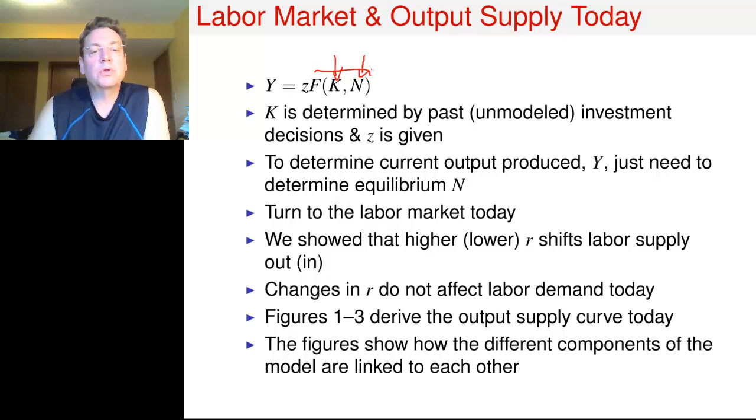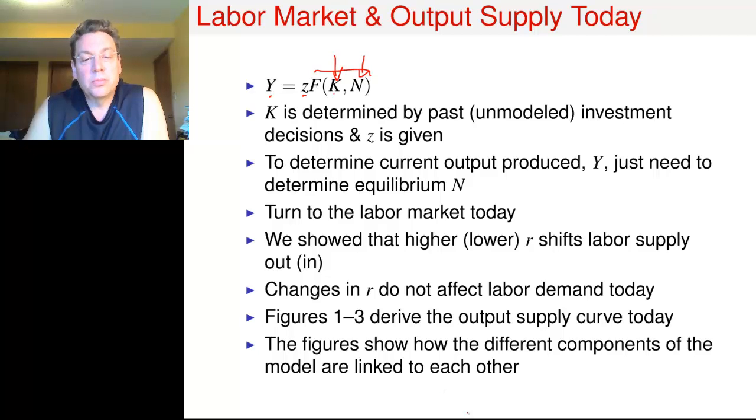There will be some equilibrium level of employment that's determined by supply and demand in the labor market. So these inputs get combined with total factor productivity to give us the quantity of goods available today. Because we inherit capital from the past and total factor productivity is exogenous, once we know employment, we know what output is going to be.